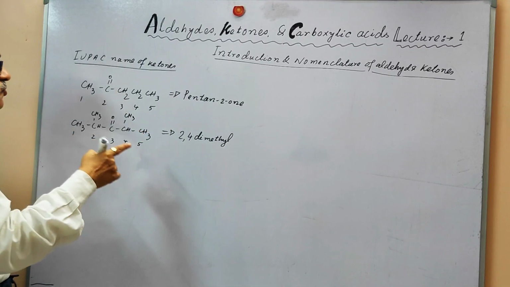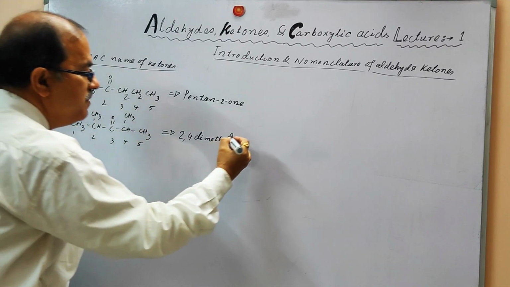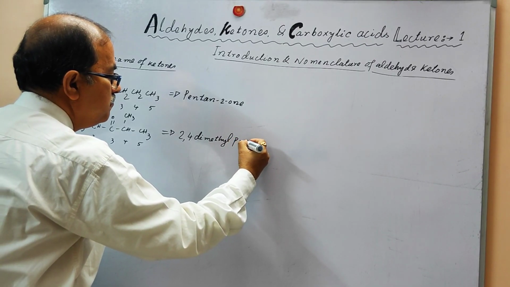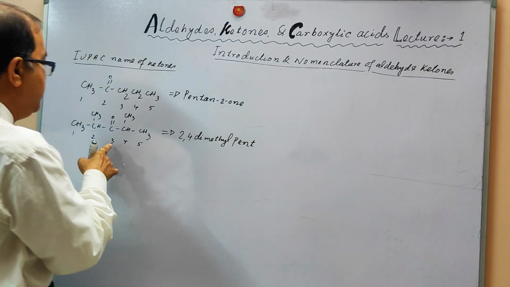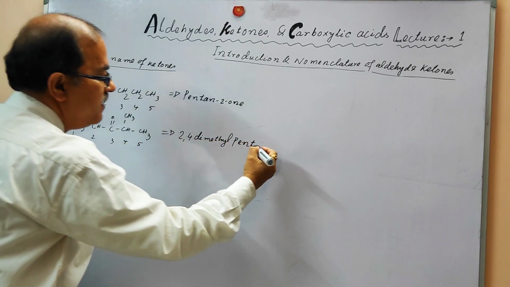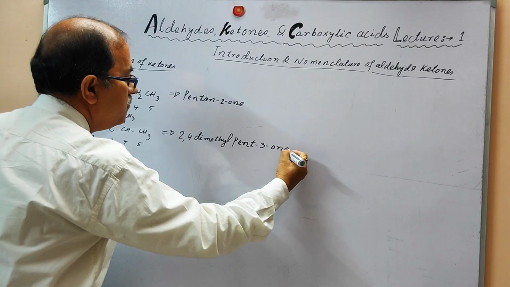The longest carbon chain we have to consider, right? 1, 2, 3, 4, 5. 5 means pent, and at the 3 number position there is the group, pentan-3-one. Okay.